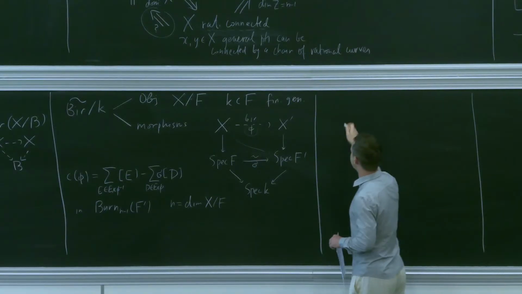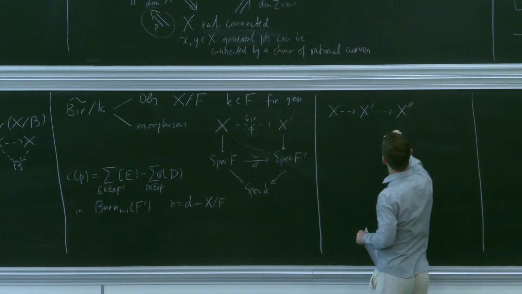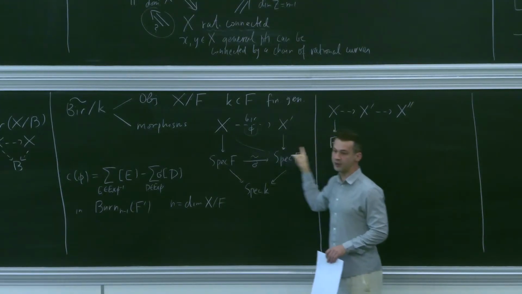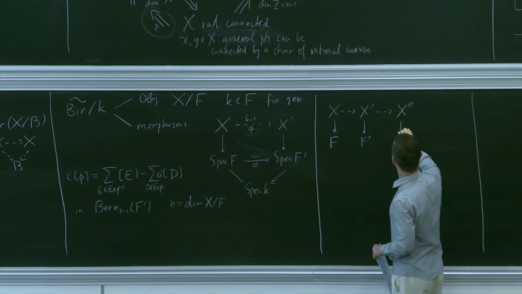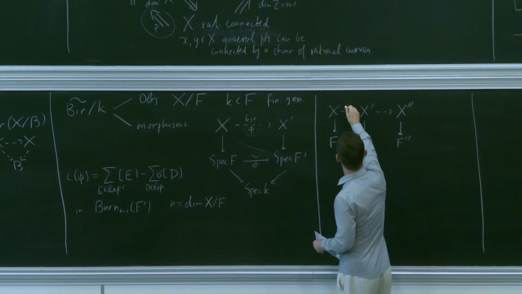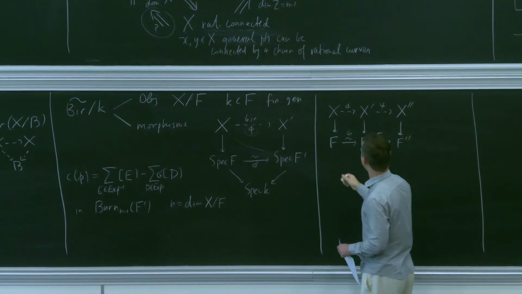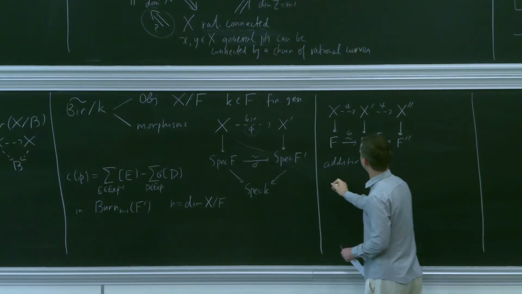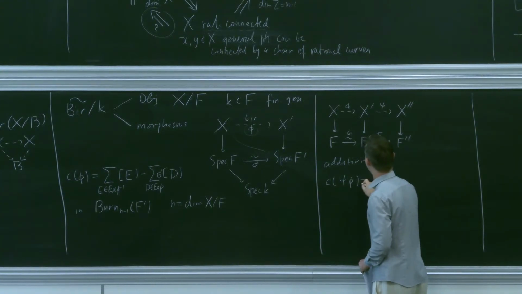So what's the additivity property? It's almost the same as it was, apart from there's a little bit of twisting going on. Sometimes instead of Spec F, I'll just write F here. This means a variety over a field F. This is phi, this is psi, this is sigma, this is tau, and the claim is that the additivity property will be almost as it was before when all these fields were the same, but we have to twist something a little bit.